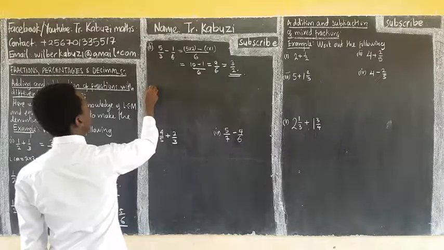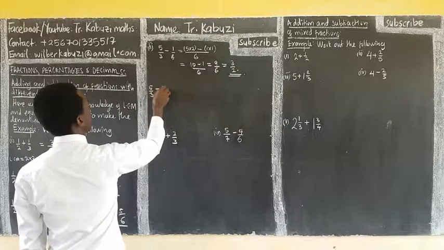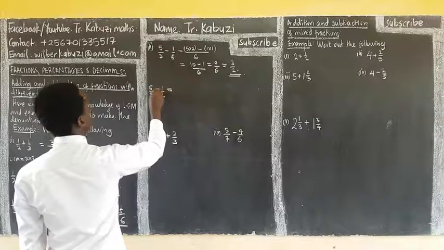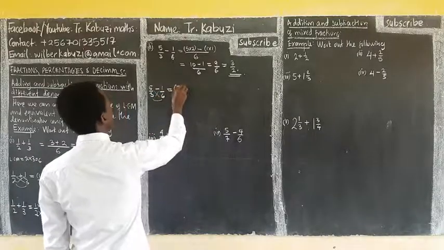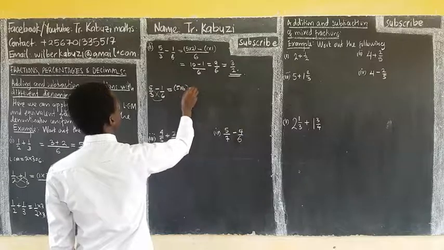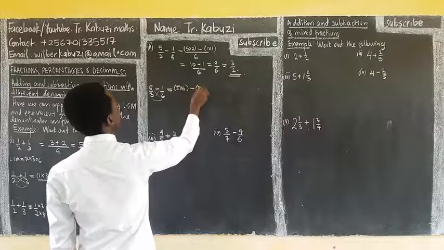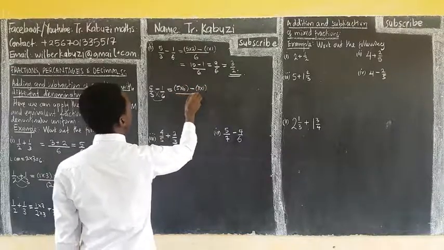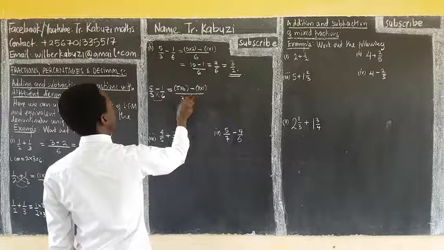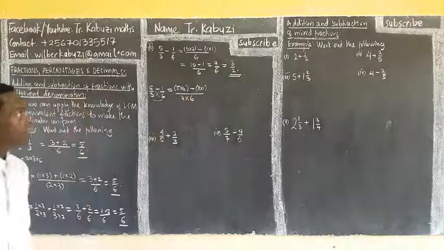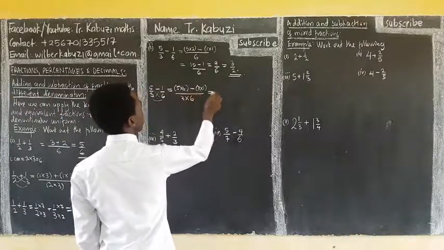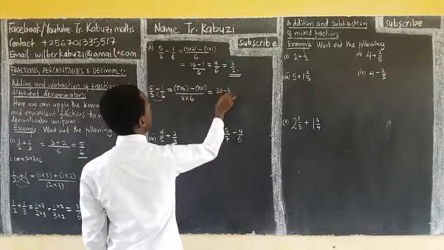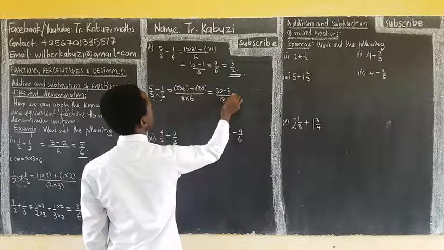Alternative 2, you can have 5 over 3 minus 1 over 6. You cross multiply up and down. So you say 5 times 6, then minus 3 times 1, the whole over 3 times 6. This is the idea of cross multiplying. Then this is 30 minus 3, the whole over 18.